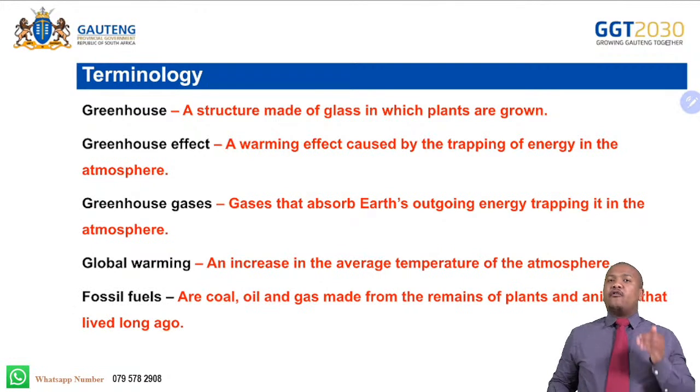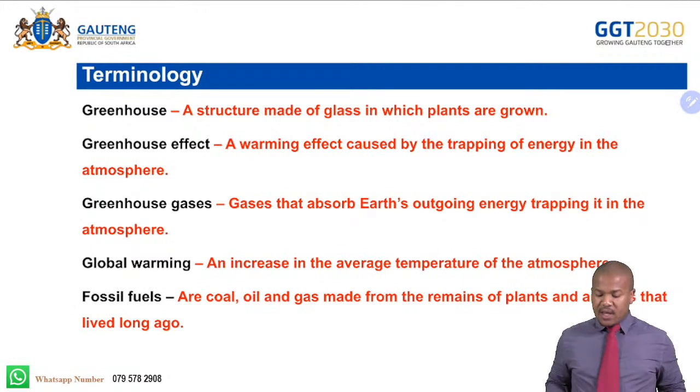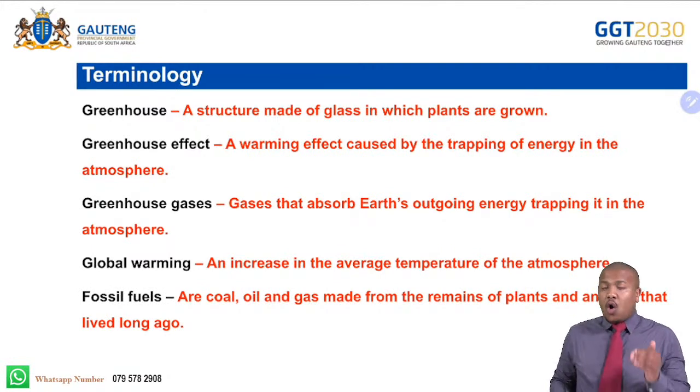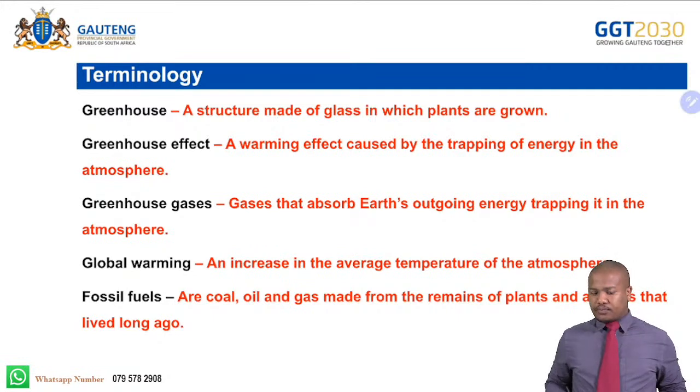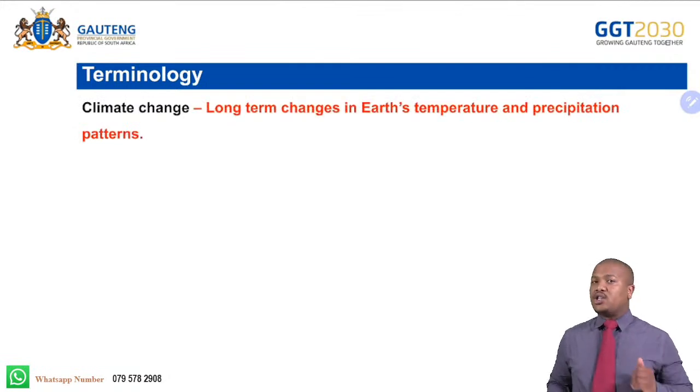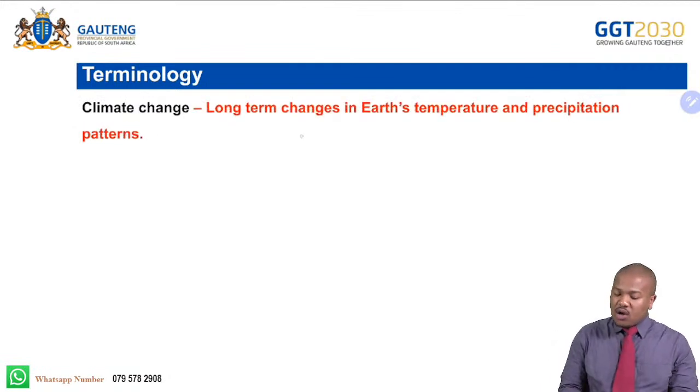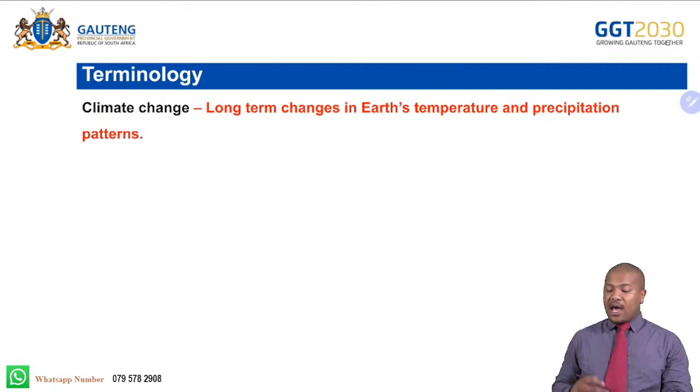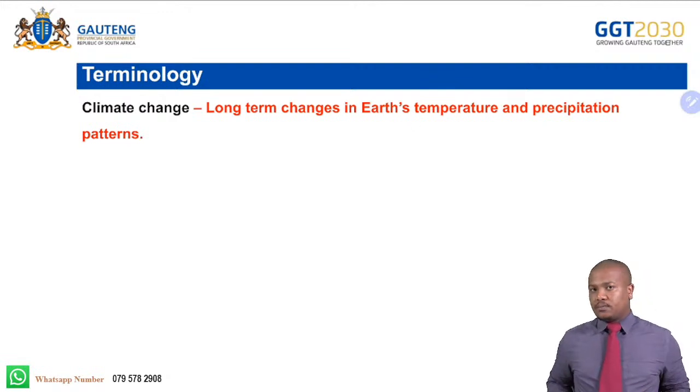Then we have fossil fuels. Fossil fuels are coal, oil, and gas, which are made from the remains of plants and animals that lived a long time ago. We then also have climate change. Climate change is the long-term changes in the Earth's temperature and precipitation patterns.